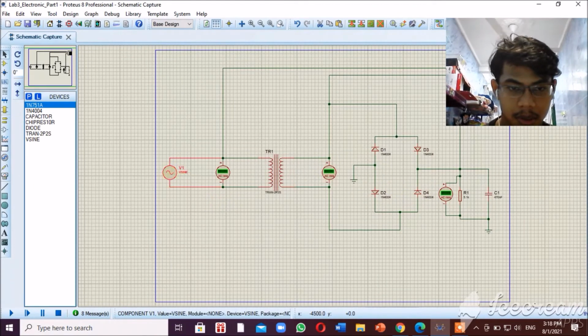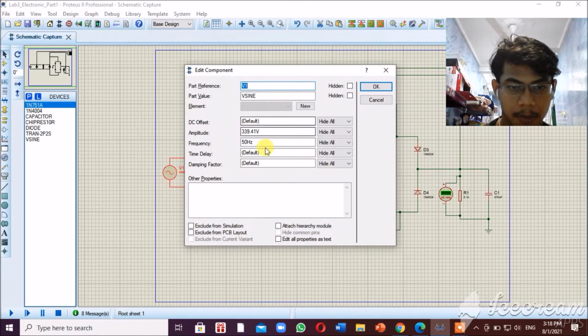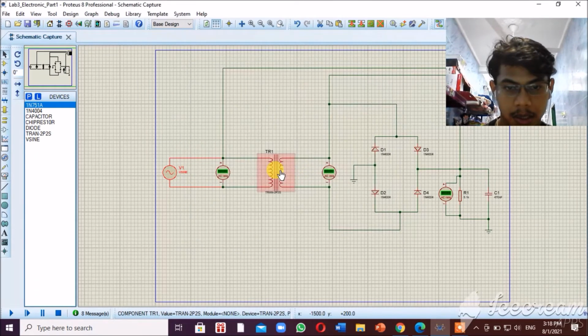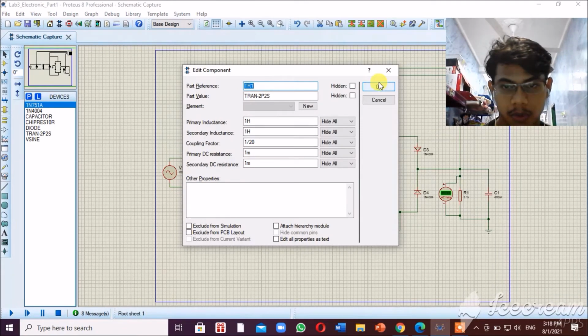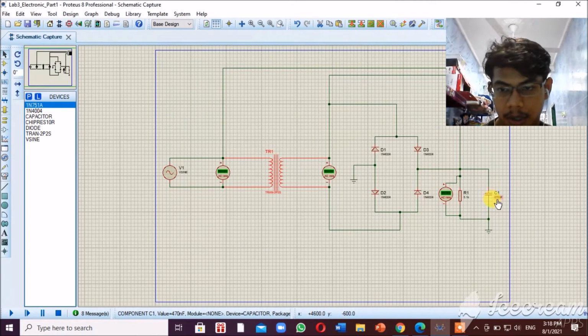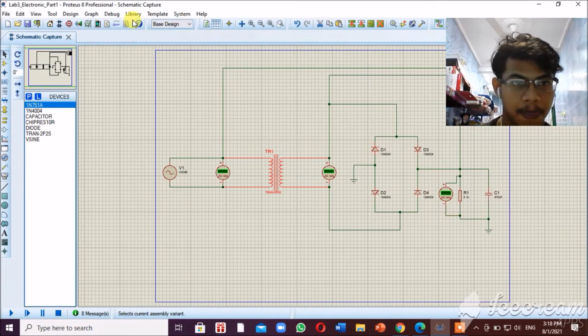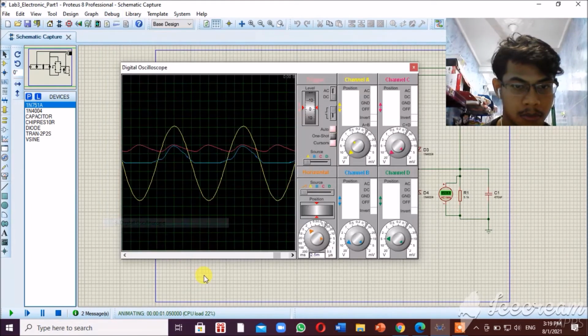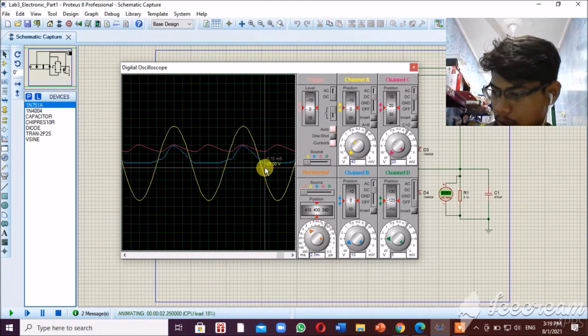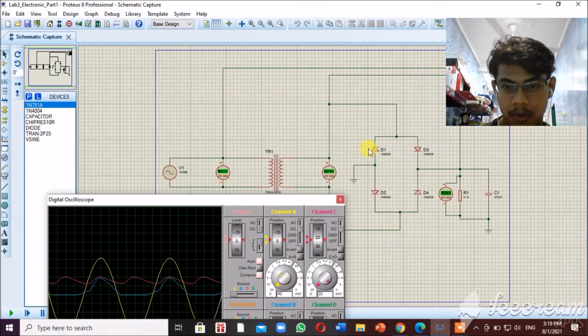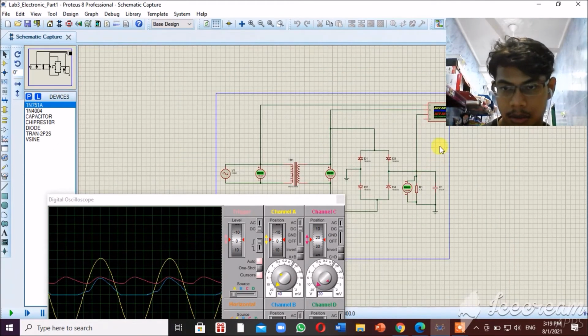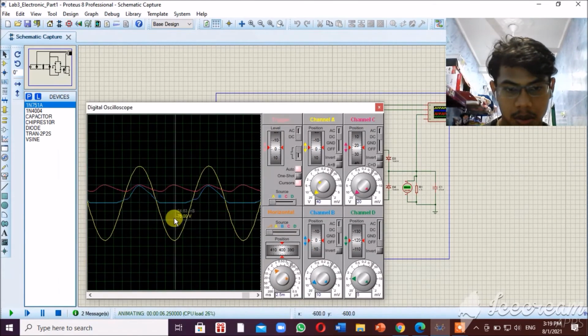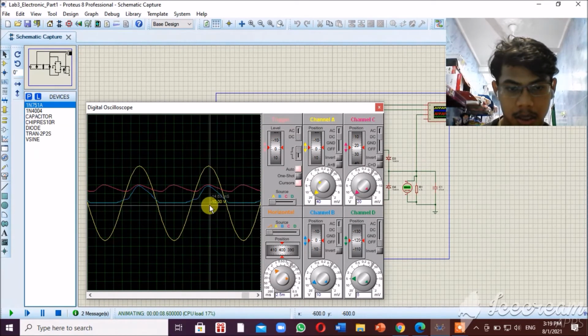I set up the amplitude and the frequency as the previous one, and the transformer ratio is 1/20, and the capacitor is 470 microfarad. As we can see, the blue one is before rectification, and it shows the sine wave of the blue is not stable.